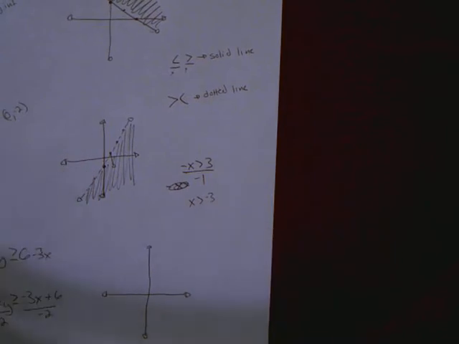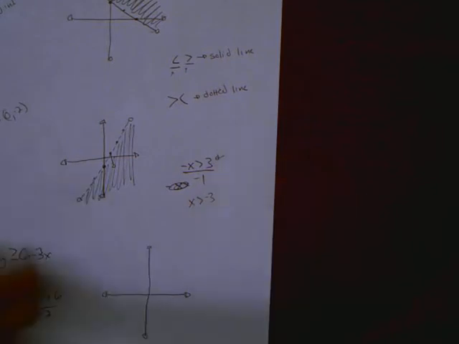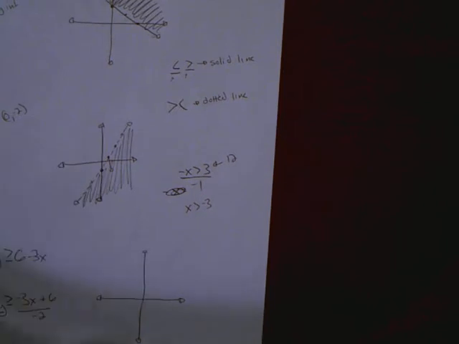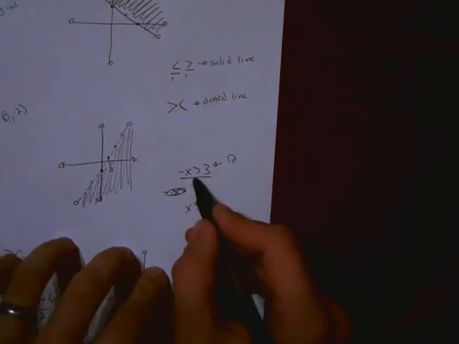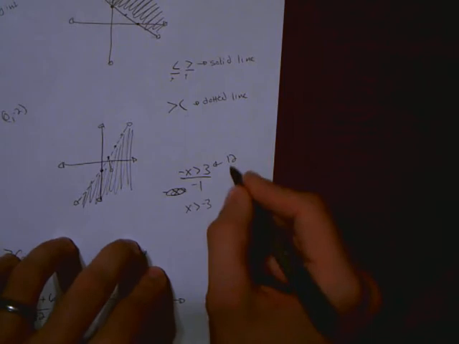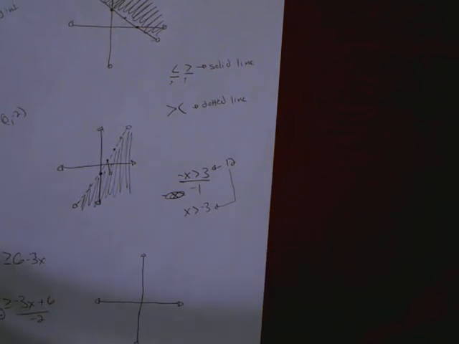So if we put numbers into this first inequality, let's pick, I don't know, 12. So I picked x equal to 12, and I'll notice that it's not true in this case. Negative 12 is not greater than 3. However, if I put 12 into this one, 12 is greater than negative 3.